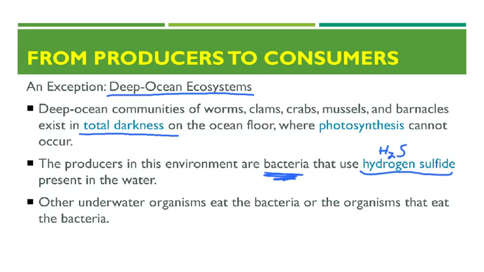They take this hydrogen sulfide, usually from some kind of volcanic vent under the water, and create organic molecules using energy found in hydrogen sulfide. Then other organisms eat the bacteria, and you've got what normally goes on everywhere else. Just the starting source of food is hydrogen sulfide instead of sunlight.